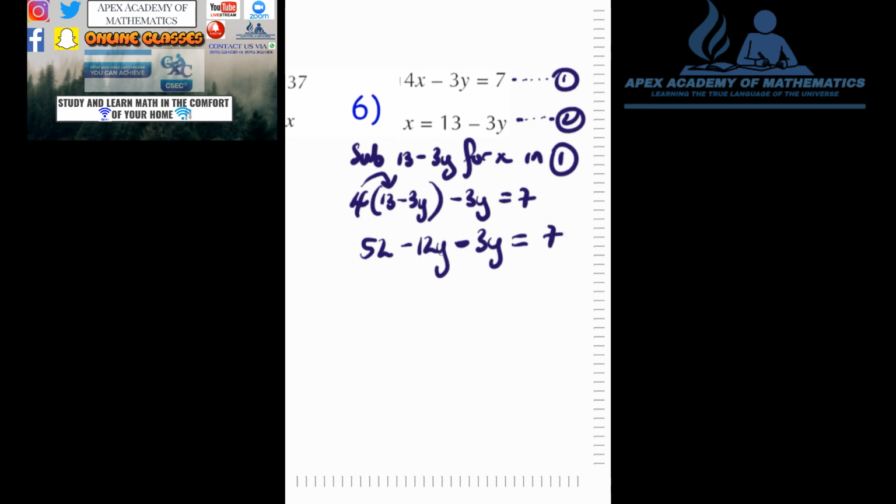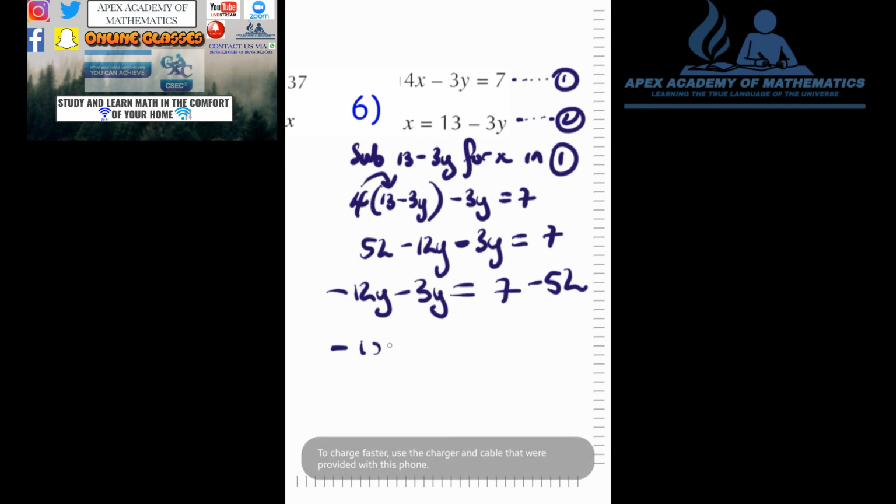Okay, so grouping like terms now, we're going to have the negative 12y and the minus 3y, and that's going to be equal to 7. We have a positive 52 here, so we're going to want to subtract 52 over here. All right, simplifying this part here, we're going to have negative 15y.